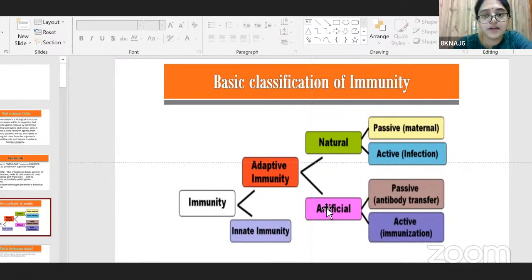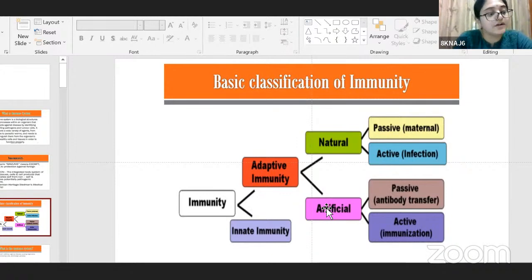In your book, please don't get confused, there's nothing wrong in it. In your book, the two types of immunity are given as innate and acquired, and then in the acquired you also have active and passive immunity. We'll come to that later.